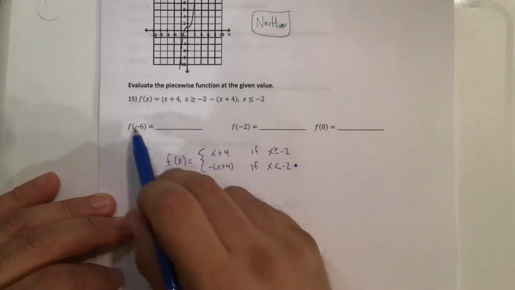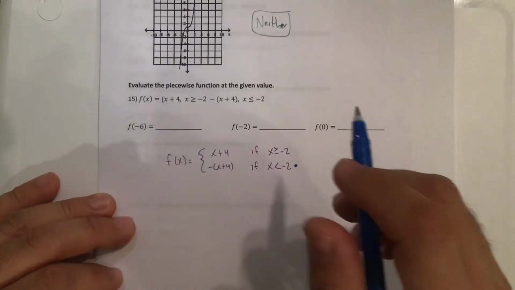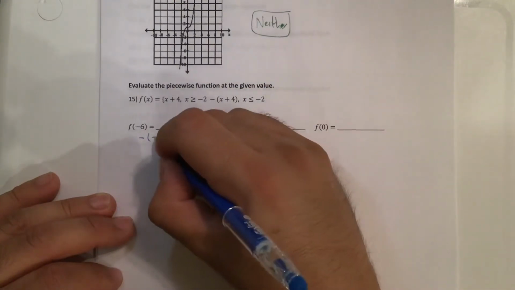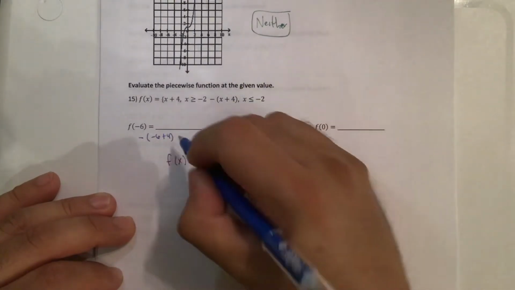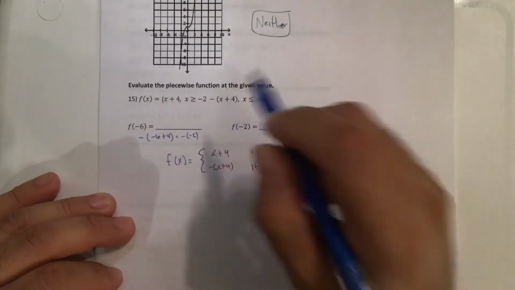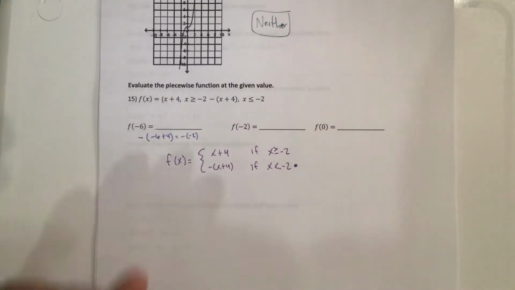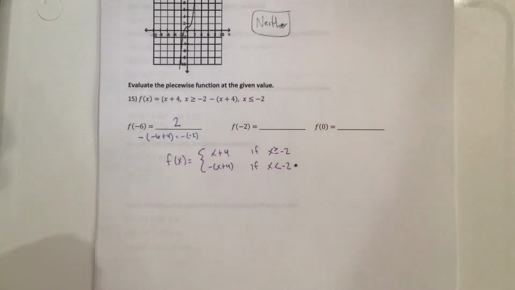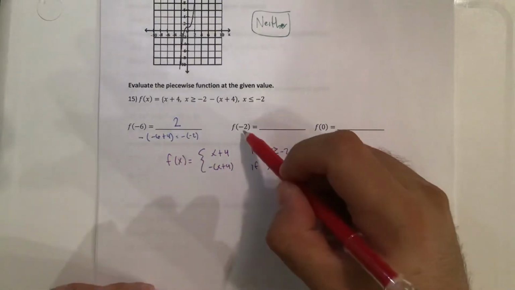So we're going to take this negative 6 and plug it in here, which gives us negative parentheses, x is going to change to negative 6 plus 4. And you can just work that out. Negative 6 plus 4 is negative 2. And negative is positive, so you get a positive 2. For the next one, we got negative 2.